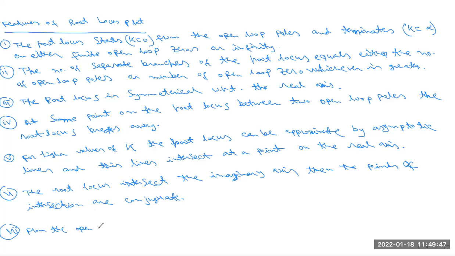So next, from the open loop complex pole, the root locus departs, making an angle with the horizontal line.